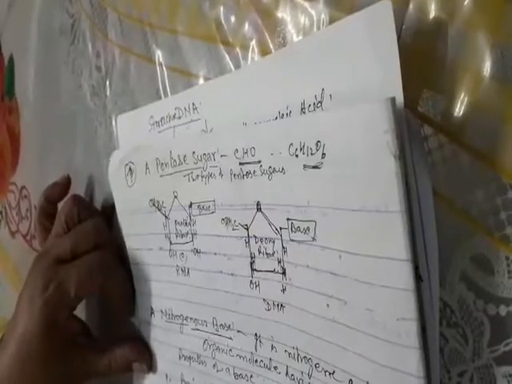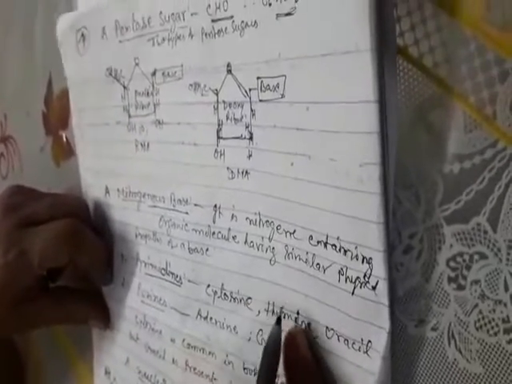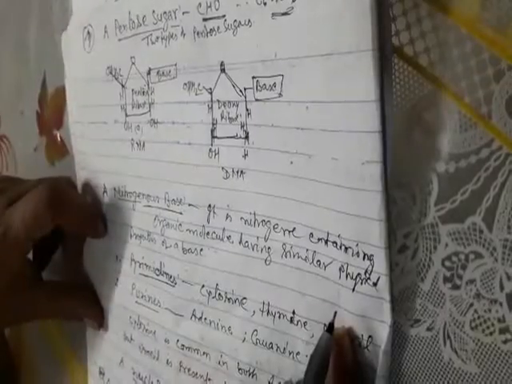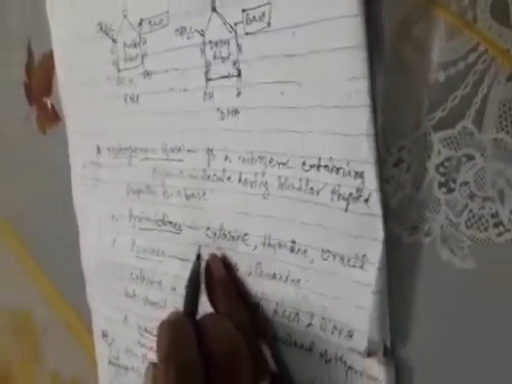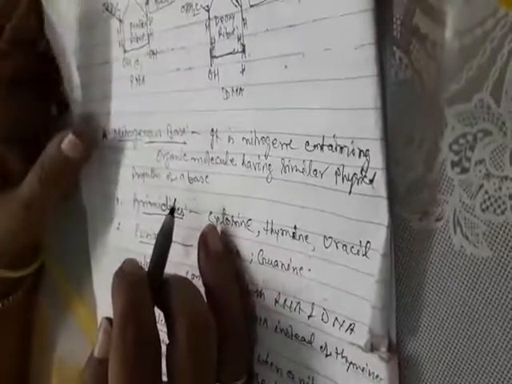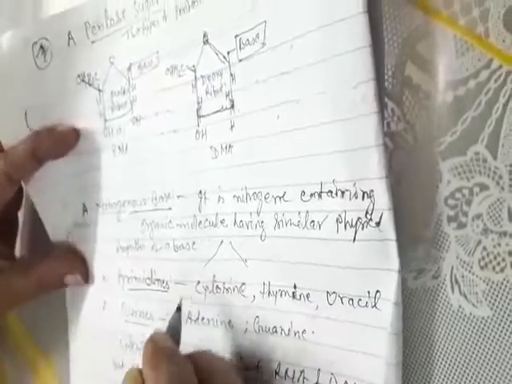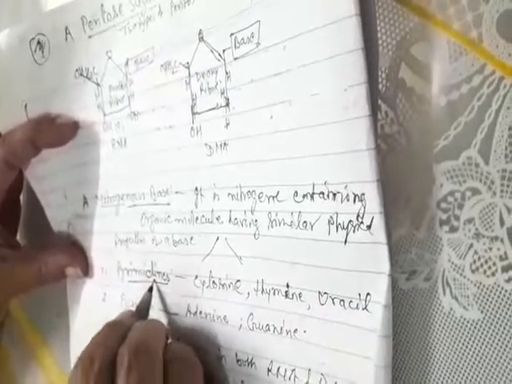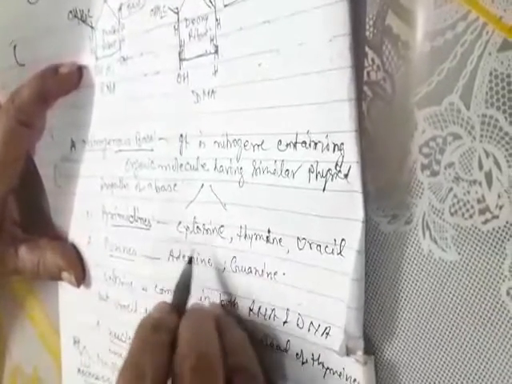A nitrogenous base is a nitrogen-containing organic compound having the physical properties of a base. Nitrogenous bases are of two types: pyrimidine and purine. Pyrimidines are cytosine, thymine and uracil.